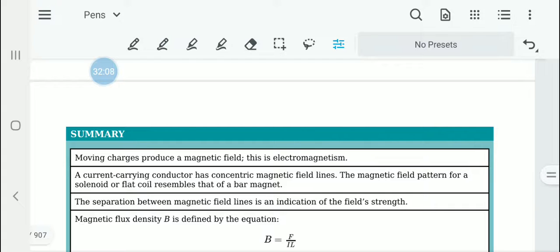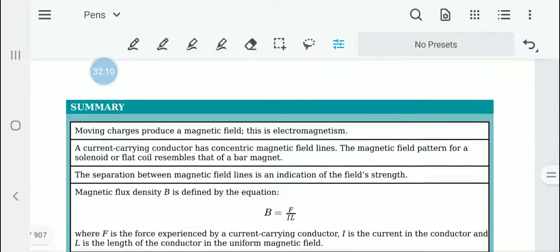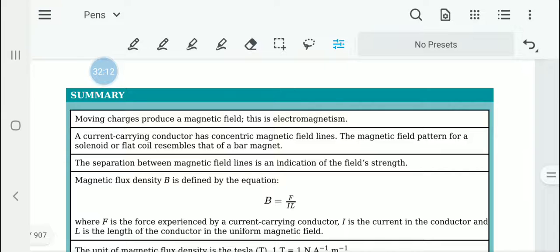Moving charges produce a magnetic field, that is electromagnetism. We have different ways of figuring out the direction of the field or the force. Those details you need to know. Then a solenoid or a flat coil has field lines resembling those of a bar magnet.